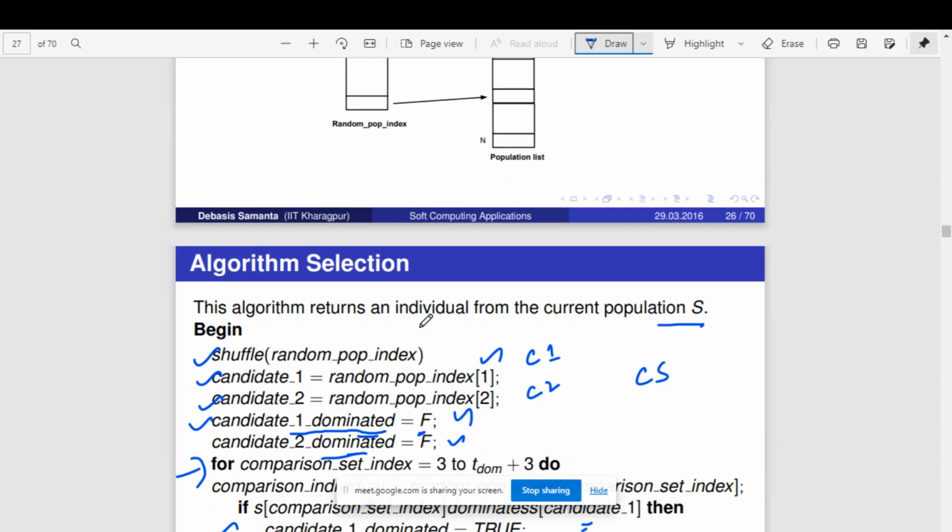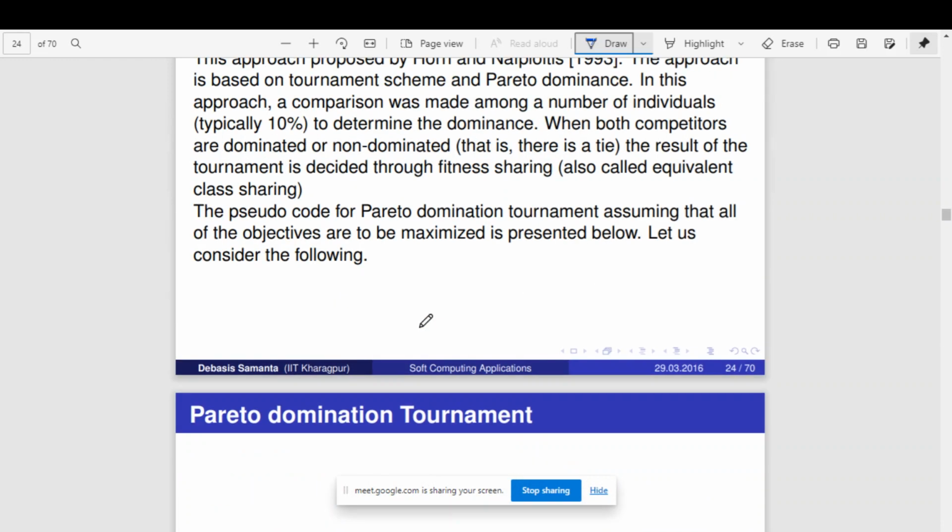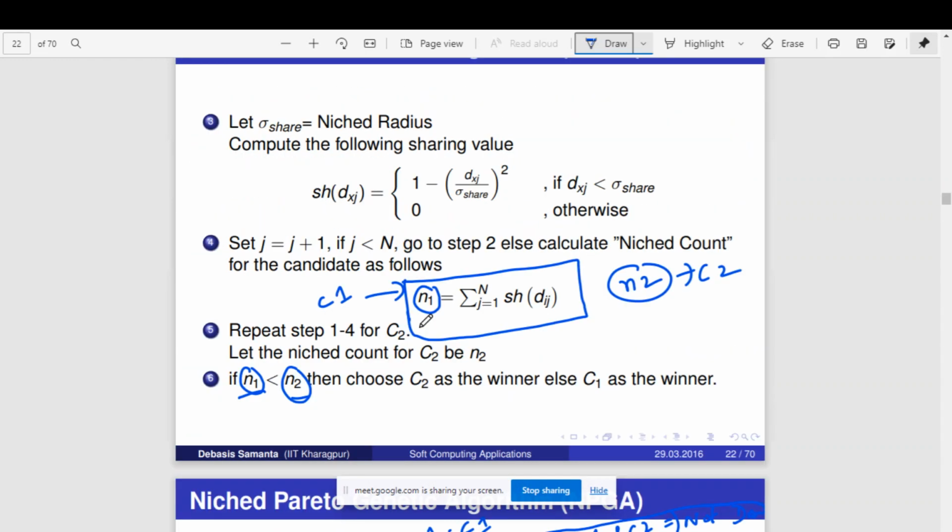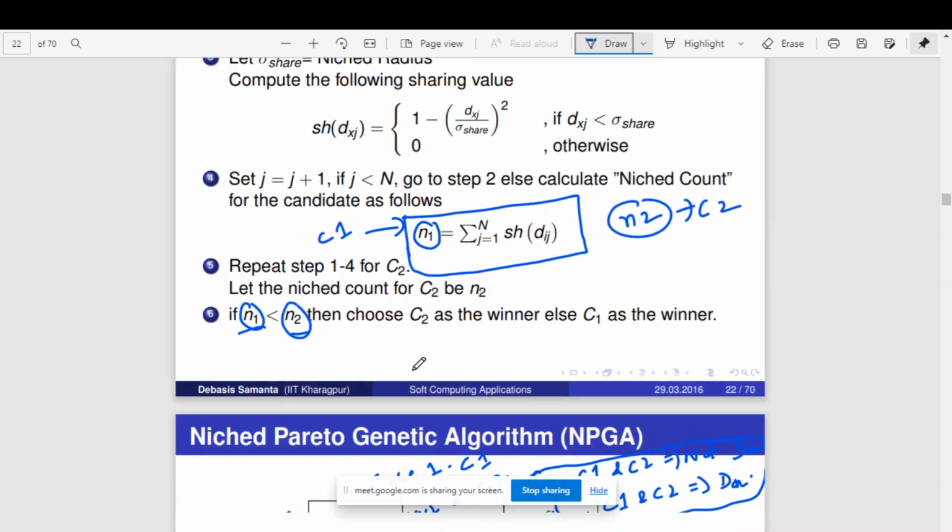Actually the one with the greater Naish count is the fittest one, right, as per the algorithm. If n2 is greater, then c2 is the winner, right? If n1 is less than n2, then choose c2 as the winner.